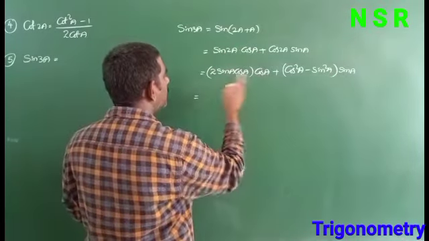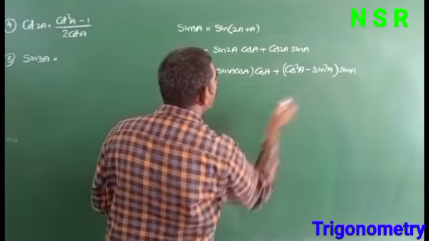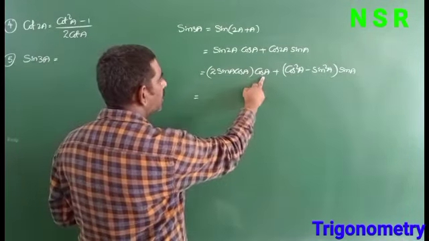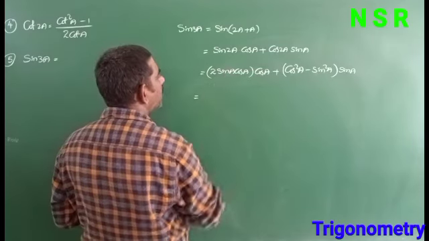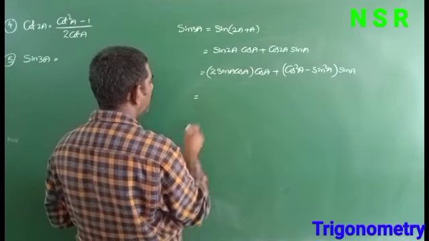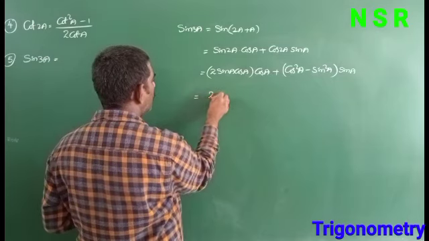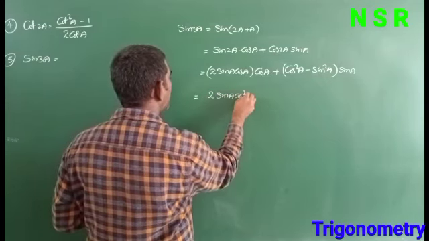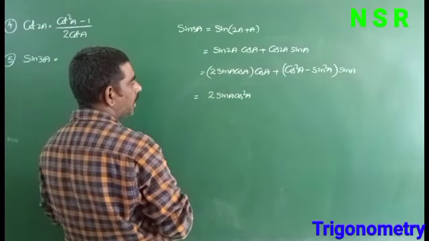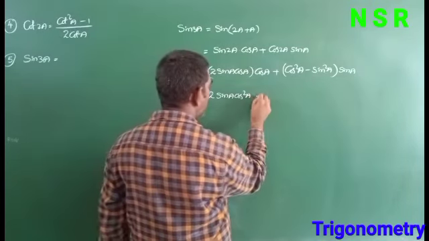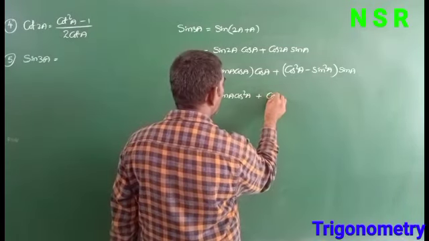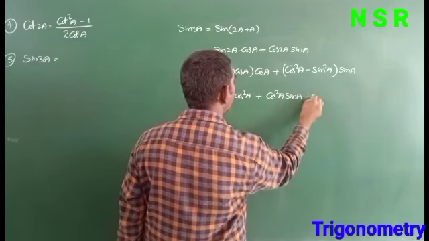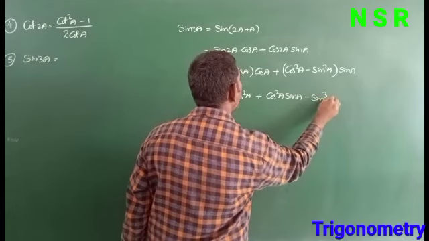Now in both terms we have a common factor, so here multiply by cos a, and we get 2 sin a into cos square a plus cos square a into sin a minus sin cube a.